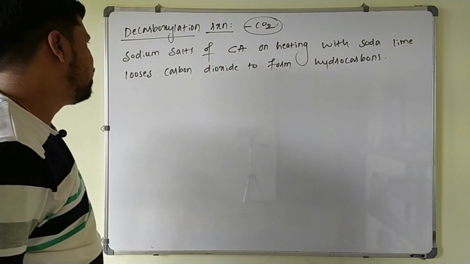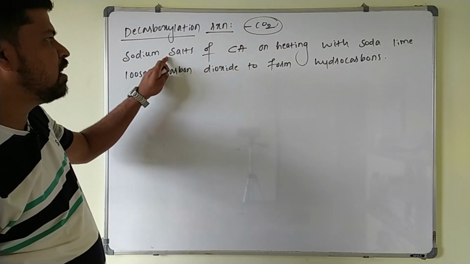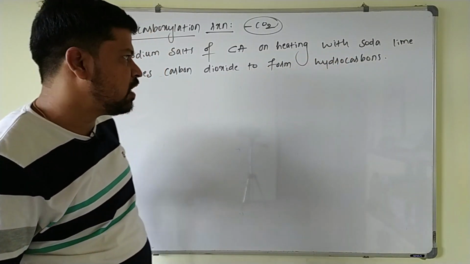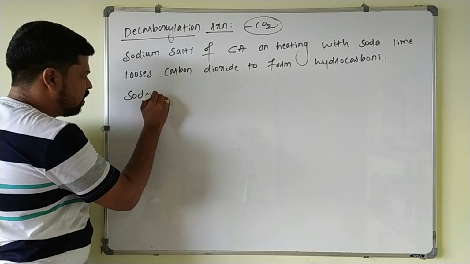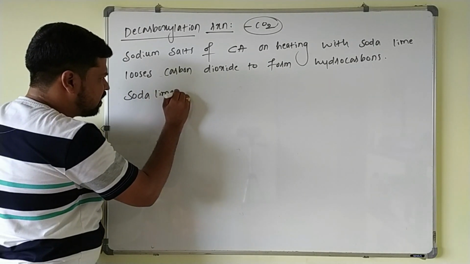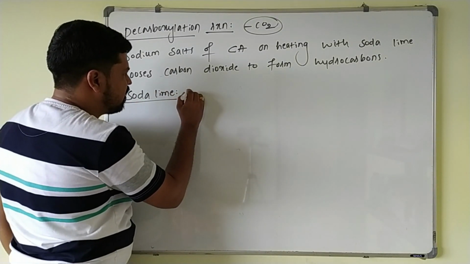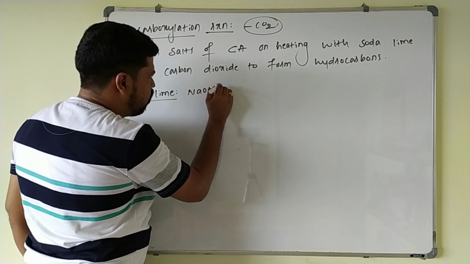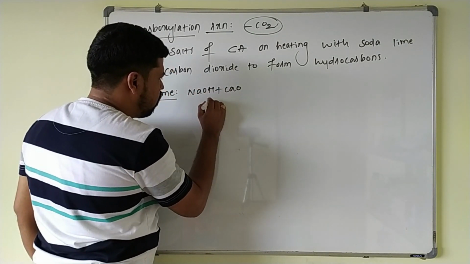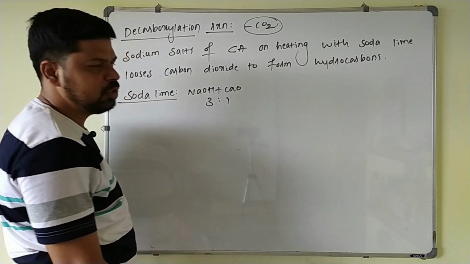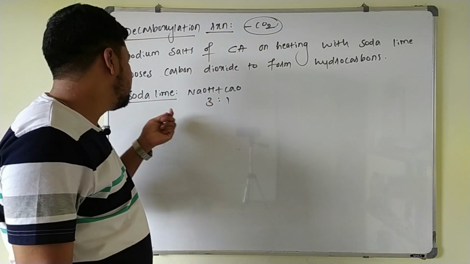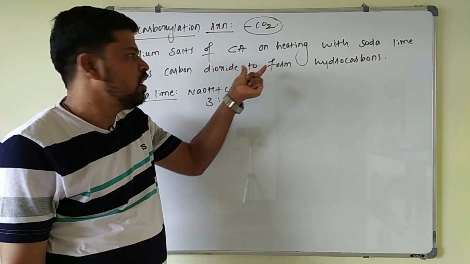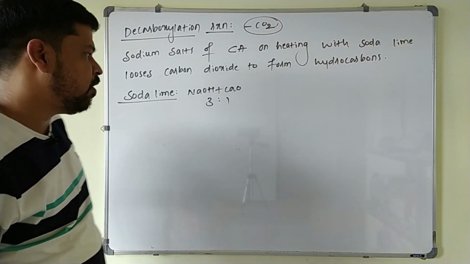So in this one, you have to take sodium salt of carboxylic acid on heating with soda lime. So what is the composition of soda lime here? The reagent used for the decarboxylation reaction is soda lime, which is a combination of NaOH plus CaO in the 3:1 ratio. So sodium salts of carboxylic acid on heating with this soda lime will lose that CO2 molecule to form hydrocarbons here.